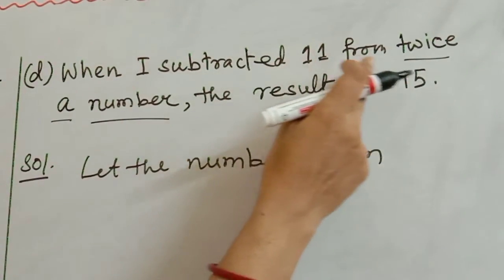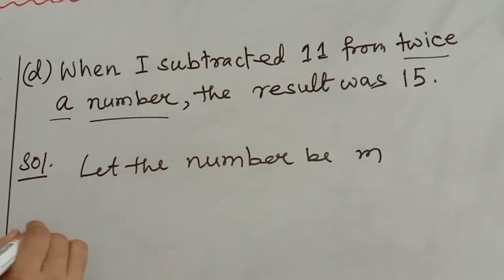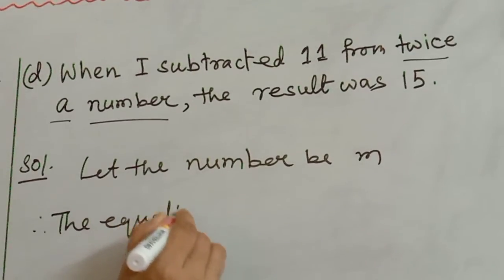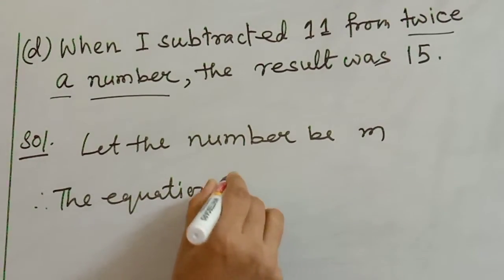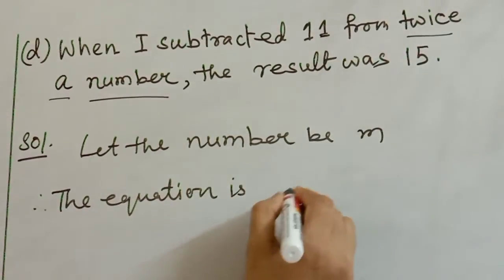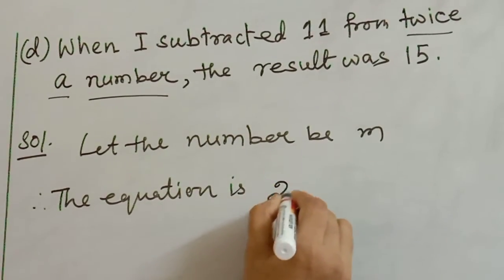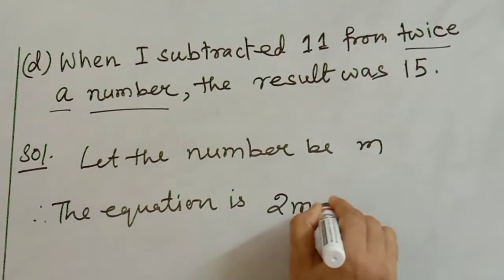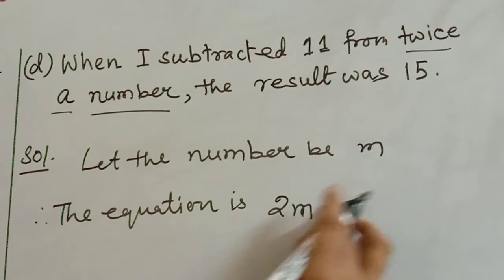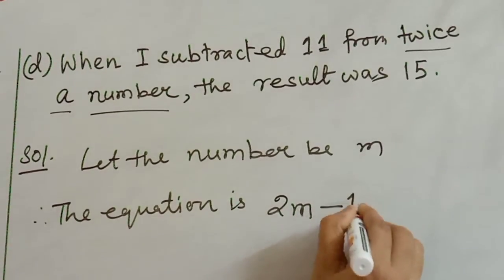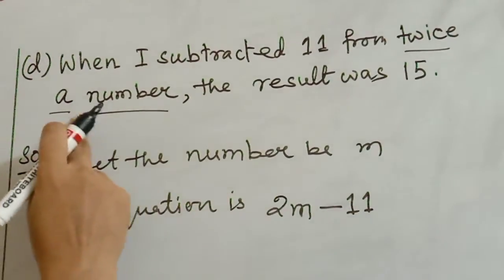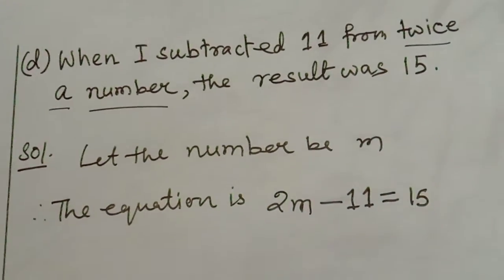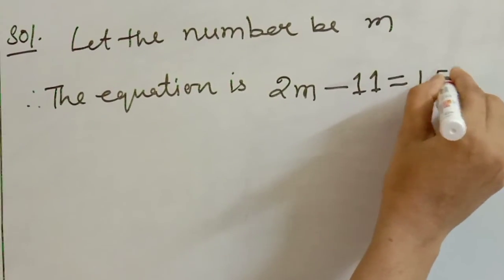When I subtracted 11 from twice a number, therefore the equation is: twice a number, 2 times m, 2m. When I subtracted 11 from 2m, that means 2m minus 11, and the result is 15.